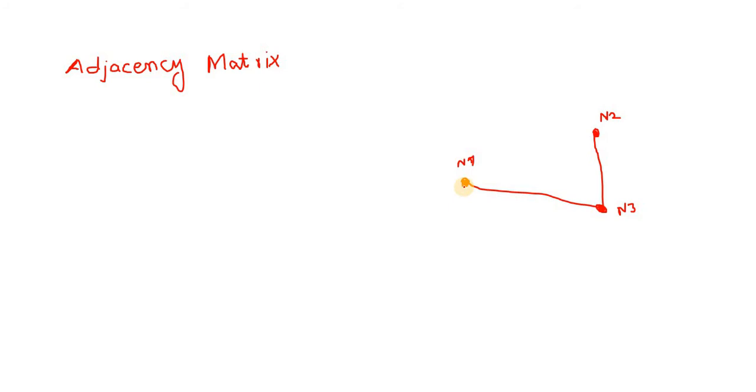We can define it like here, using this adjacency matrix. For example, we do like this, with 1 and 2 and 3, and here also 1 and 2 and 3.